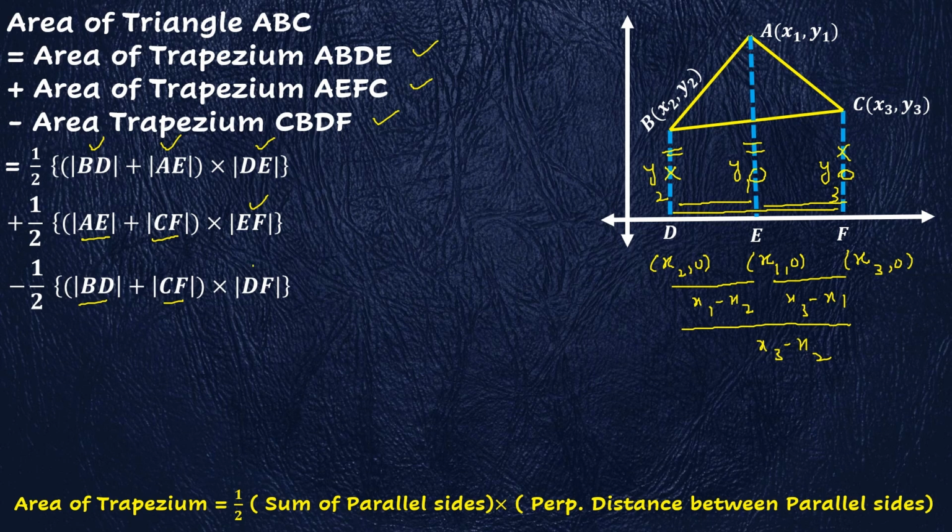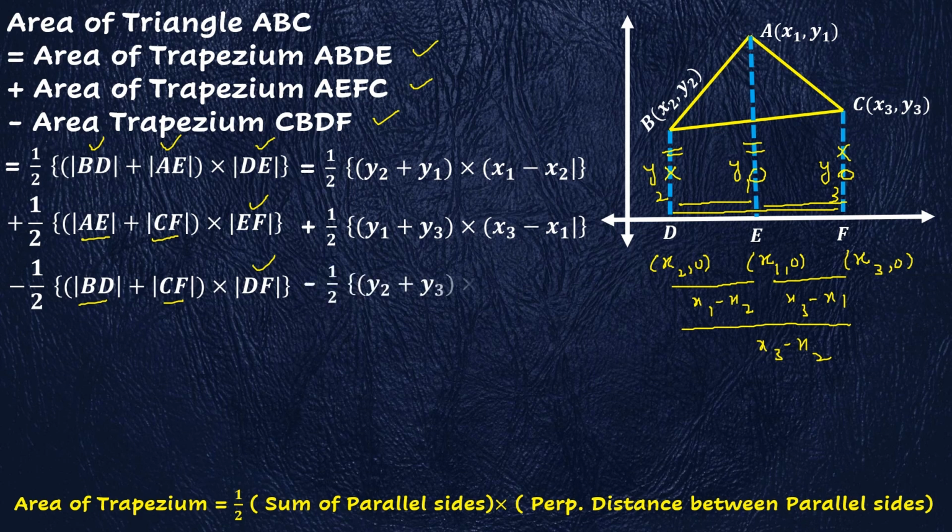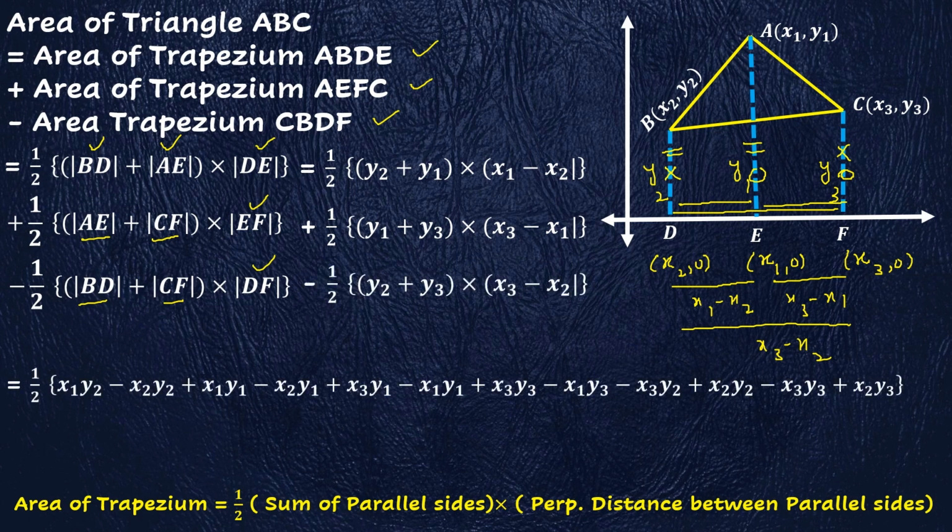Now we put the values of BD, AE, DE, AE, CF, EF, and (BD plus CF) into DF, and we get the area of the triangle to be this expression. Now we take 1 by 2 common and multiply all the elements. Now we cancel out the plus and minus sign elements, and we are left with this expression.